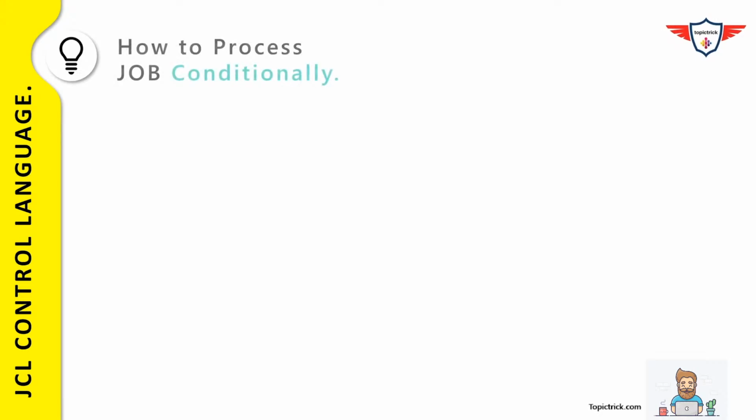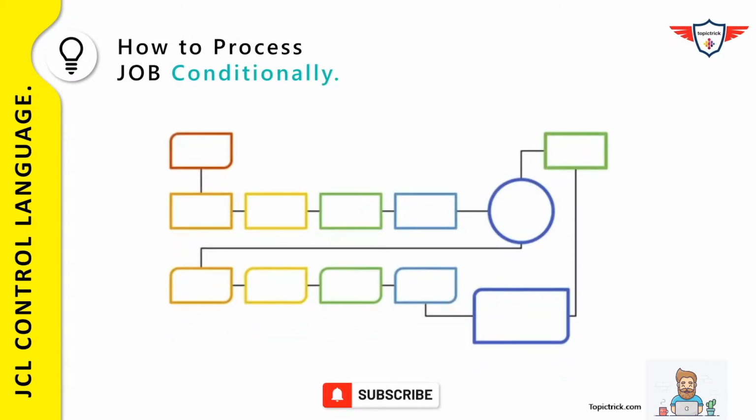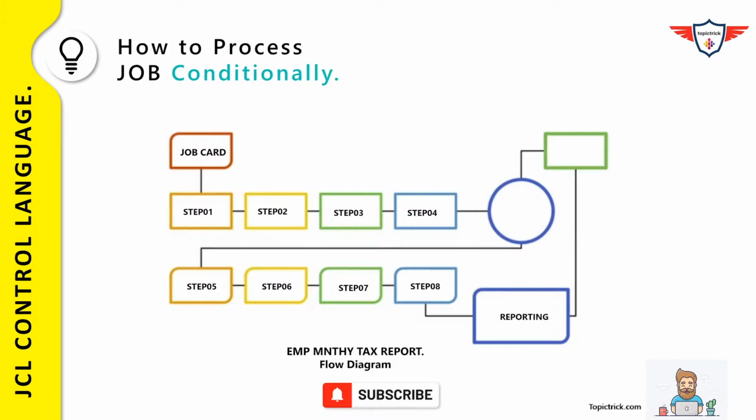Now the next topic is very important from the programmer's perspective, and at the same time it's a bit confusing. Let's try to understand how you can use the JCL condition parameter and the JCL if then else statement to process a mainframe job conditionally. The following example is a graphical representation of a job.